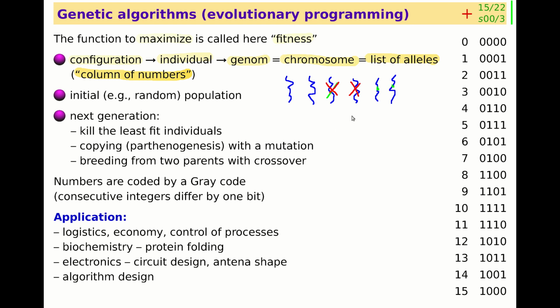And then the most important step comes. This is breeding. I take two parents. Usually we don't distinguish in these genetic algorithms males and females. We take two individuals, let me say this one and this one, and I exchange parts of the chromosome. For example, exchange these two.